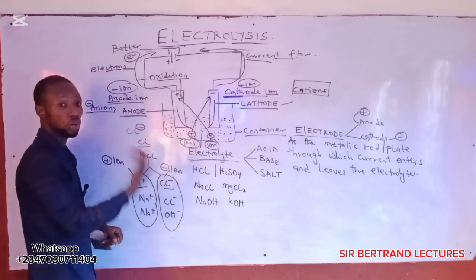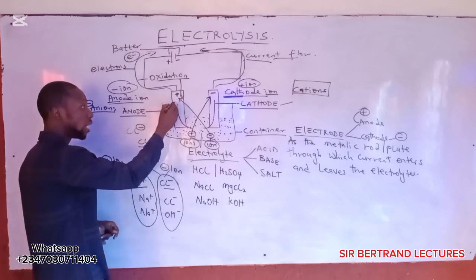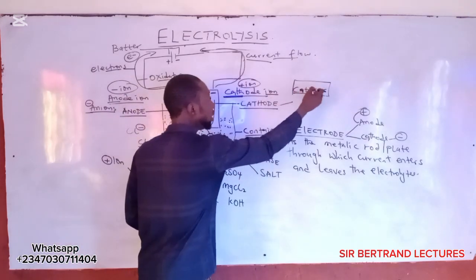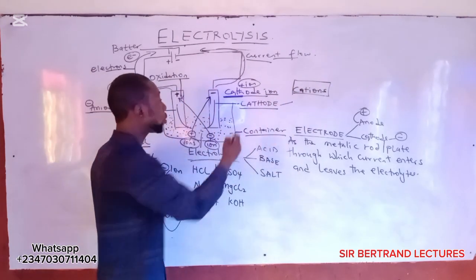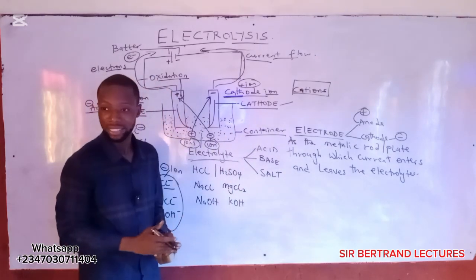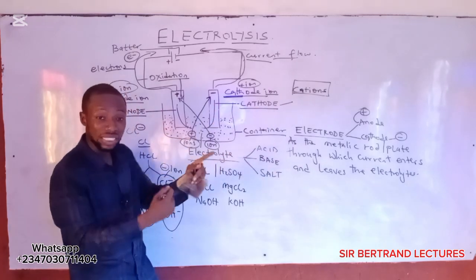You can say that oxidation takes place here in the anode because oxidation is the process of electron loss. And as these electrons are being lost in the anode, the cations here are positively charged, so they now need negative particles to neutralize them so that it will give you a neutral atom. Do you understand? I said the cations here are positively charged.